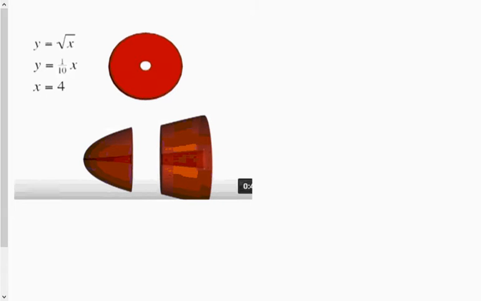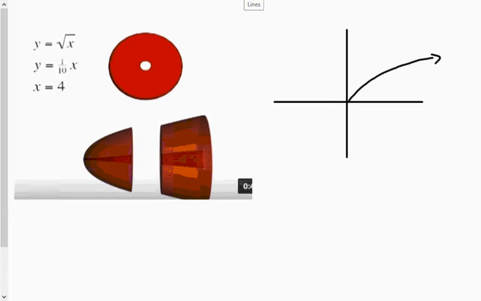All right, I would sketch this region. So here's my x and here's my y-axis. And let's see. Square root of x looks something like that. 1/10 x is just a line that would do something like that.